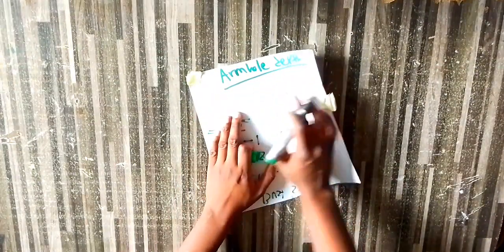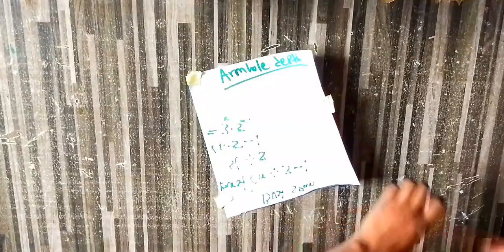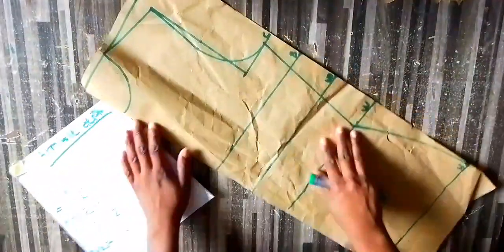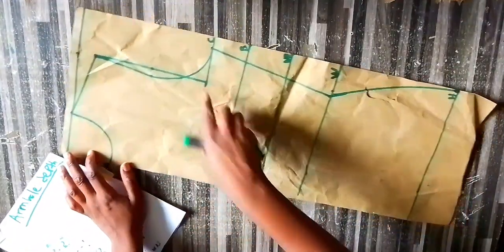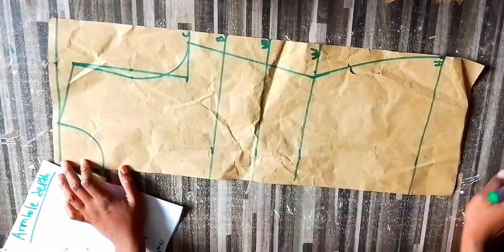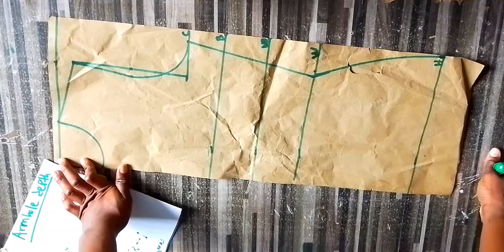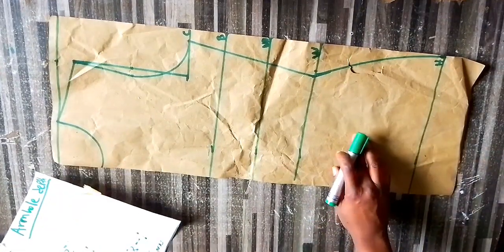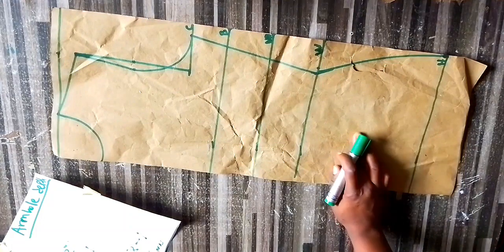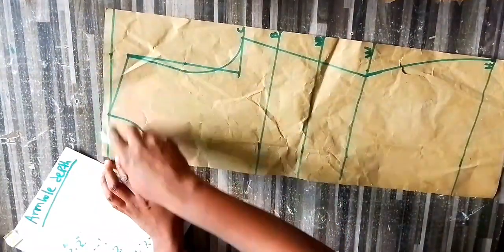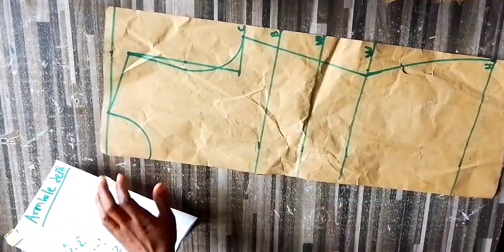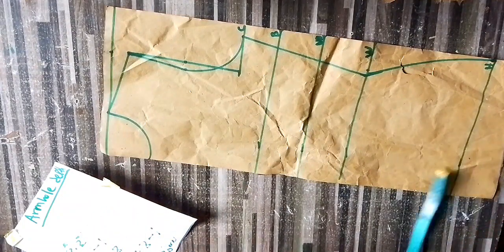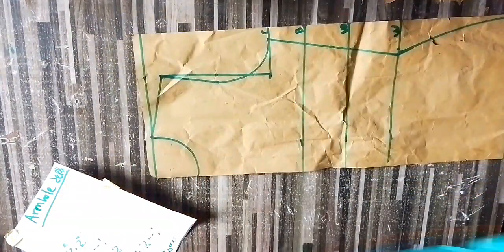How to get your armhole depth, that is from your shoulder to your chest line, in case the measurement was sent to you omitted, or you forgot to take it on your client.